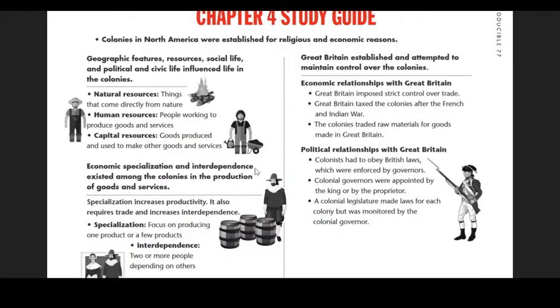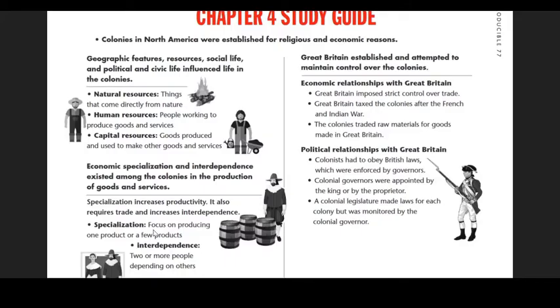Every one of these colonies had an economic specialization which made them interdependent on each other. So, for instance, in New England, they would make things like naval supplies and ships, and in the South, they would have cash crops, and they were interdependent because things like tobacco and indigo were wanted by people in New England, and they were willing to trade their naval supplies to the South for those things.